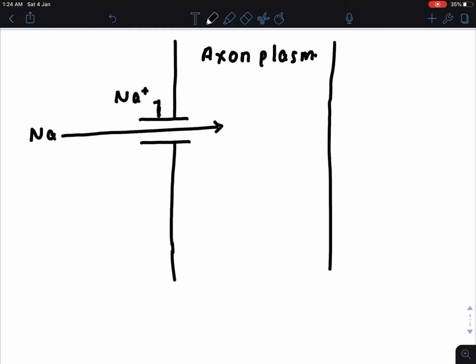When the nerve is in active state, then only the sodium voltage gated channel is opened and the influx of sodium is happening. When the desired concentration of sodium is reached in the axoplasm, then only depolarization is occurring.